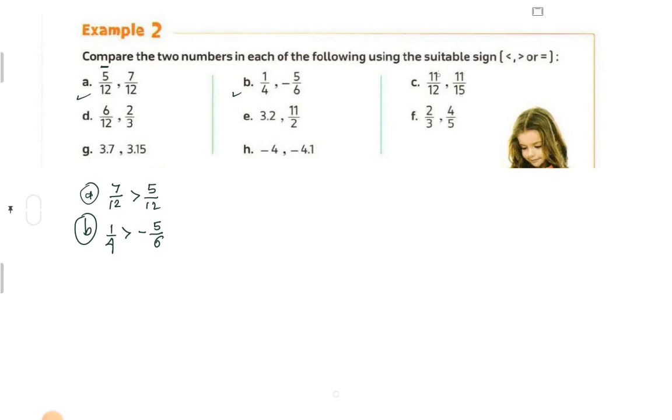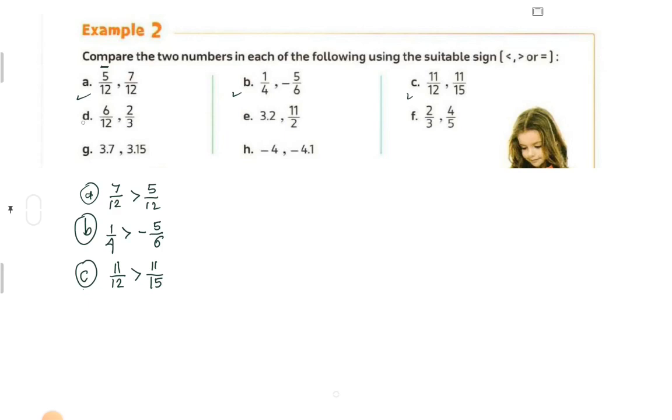It's the same numerator. So the smallest denominator gives the greatest fraction. So C, 11 over 12 is greater than 11 over 15.